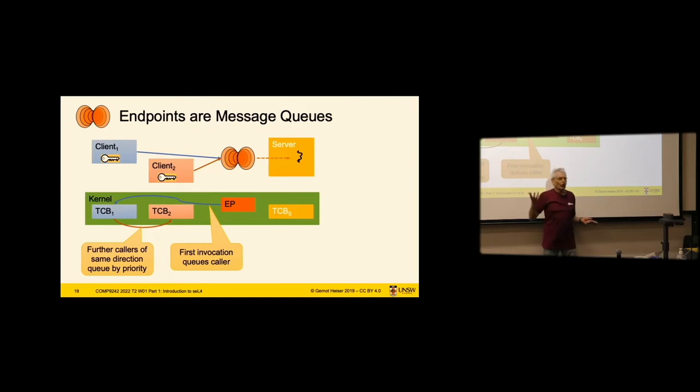Well, it's a bit more complicated because the queue is ordered by priorities of the clients. If they're all the same priority, then they get queued in first-in, first-out order. So whoever invokes the endpoint first is the head of the queue, modulo priorities. If a sender comes along first, then it's a queue of senders. If a receiver comes along first, it's a queue of receivers.